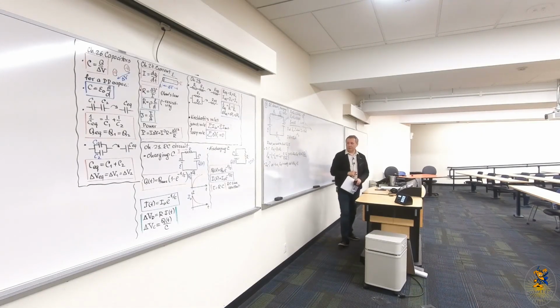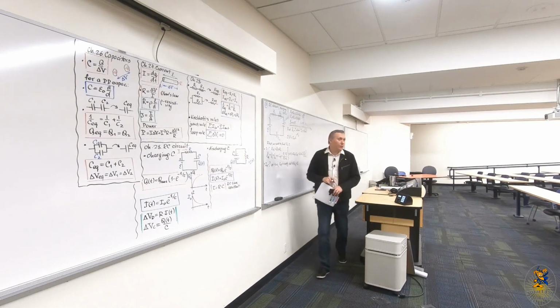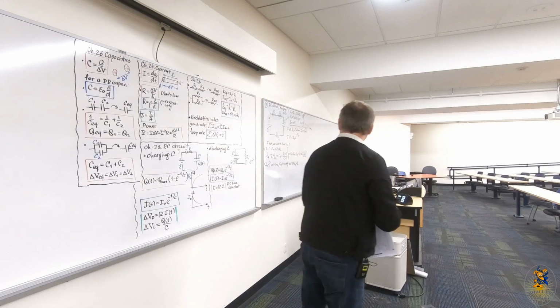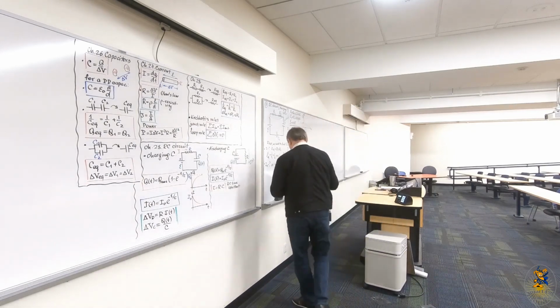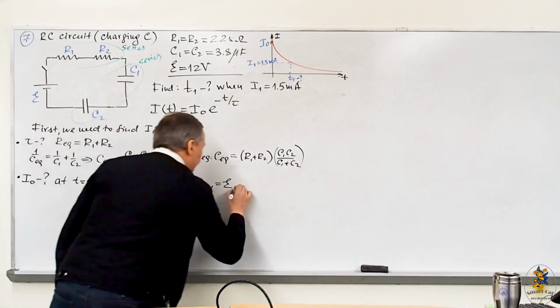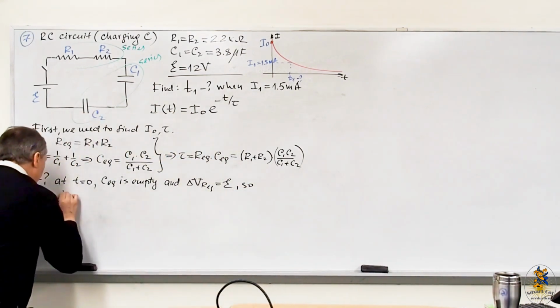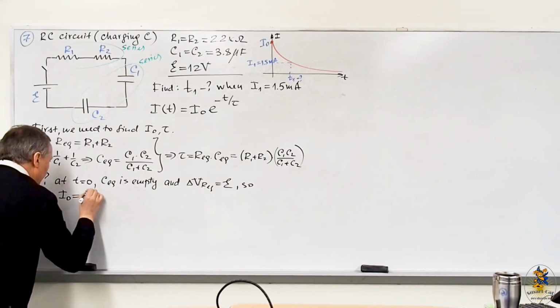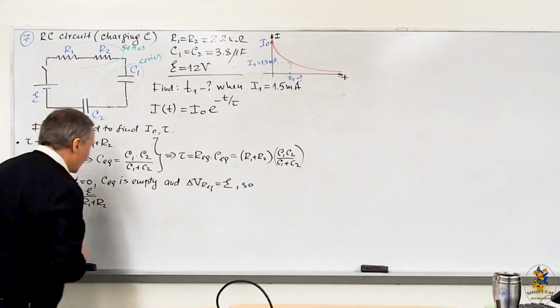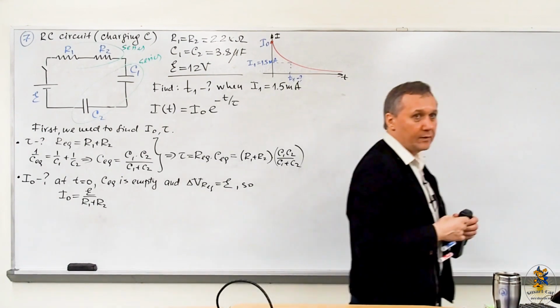EMF, right? Now Ohm's law, EMF equals IR, and I know it's a maximum, right? So I can write that I sub 0 equals EMF divided by R1 plus R2. Okay, so these are preliminary results.